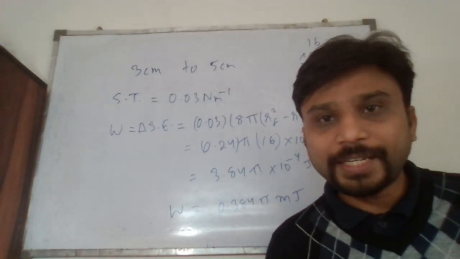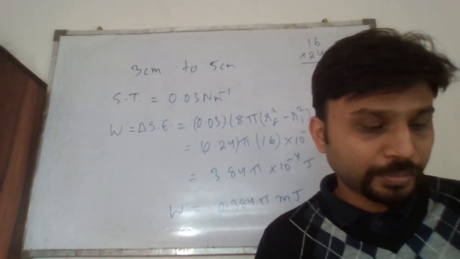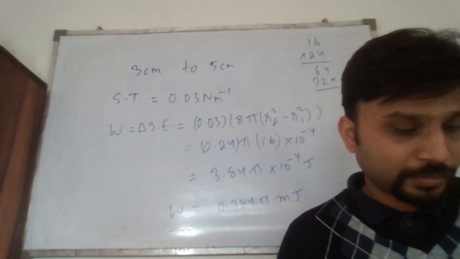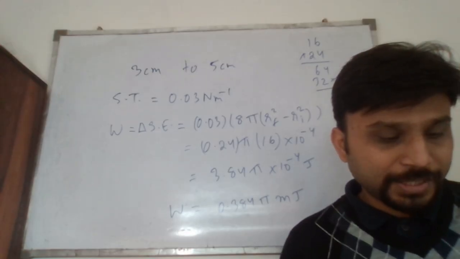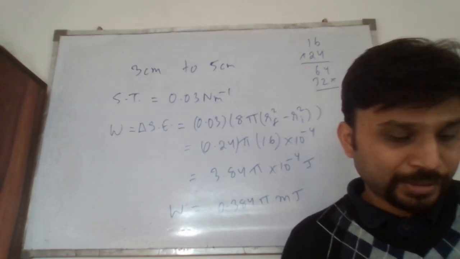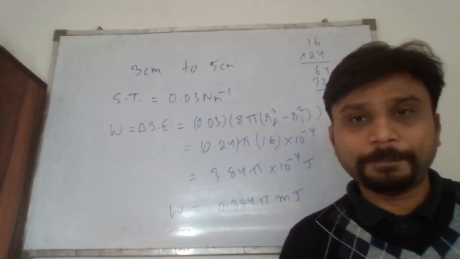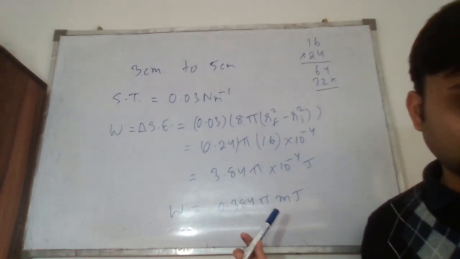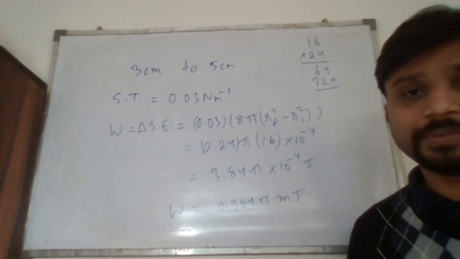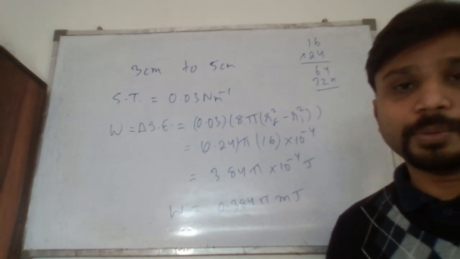So option A is 0.2 pi, option B is 2 pi, option C is 0.4 pi, option D is 4 pi. So our answer is closest to option C. That is 0.4 pi.